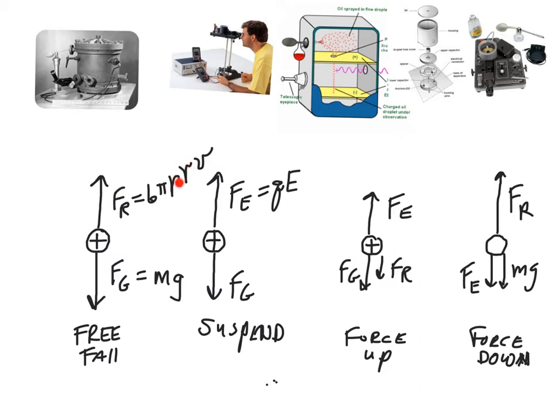And this last thing is the Greek letter eta, E-T-A. It's like an N with a tail, and it's the viscosity of the air. I'm not going to write it out, but viscosity of the air. Okay, so that all makes sense. And those 2 are in balance when it's in free fall.